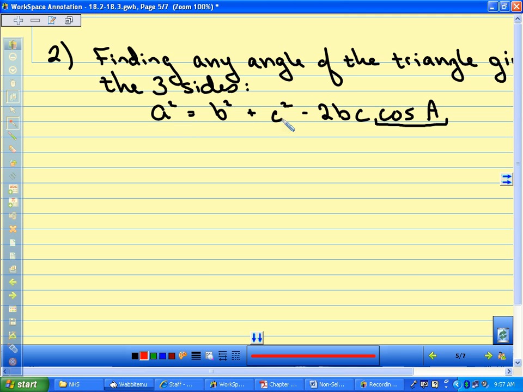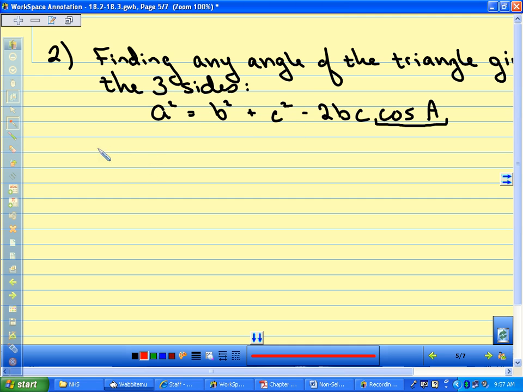Okay? And what I'm going to do here is I'm going to rework this formula to solve it for cosine A. Now, it's not going to be a variation that we have to memorize. We can always go back to this, but it is a little more useful if we can. Okay, so I've got to solve this for cosine A. All that I want left on this side is cosine A. So how do I get rid of my b squared and my c squared?